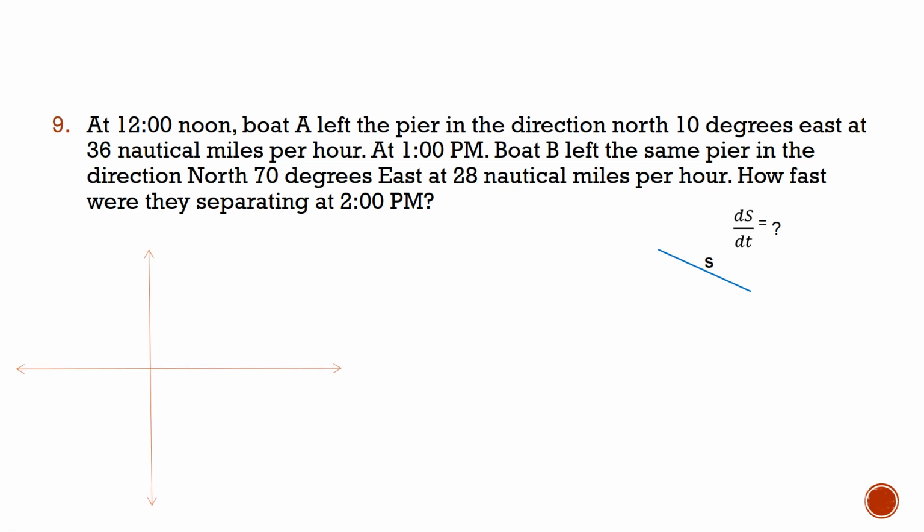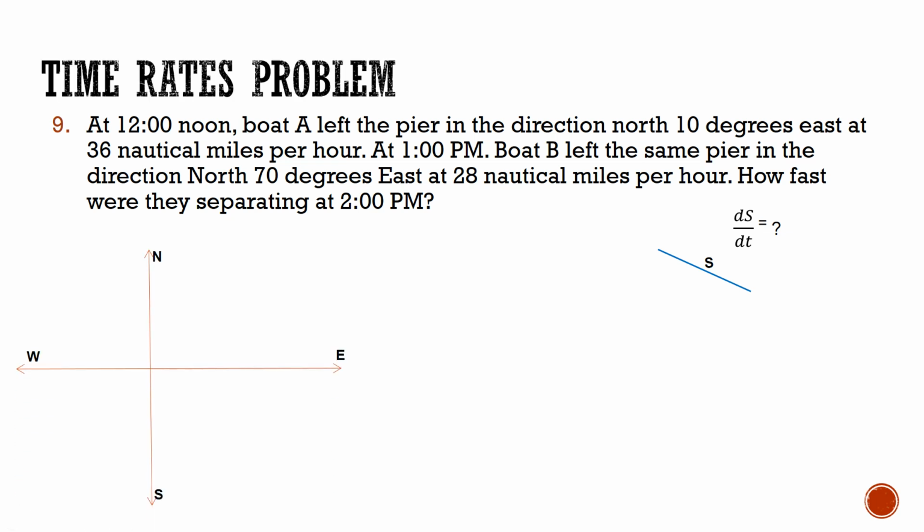Of course, we need to place that into a Cartesian plane with a direction because the given is in terms of directions, ano? So first we have at 12 noon, say this is boat A with the given direction. According to the problem, we have north. Where's the north?